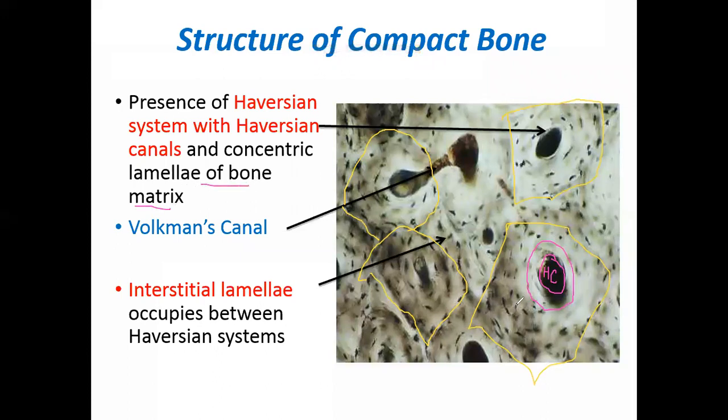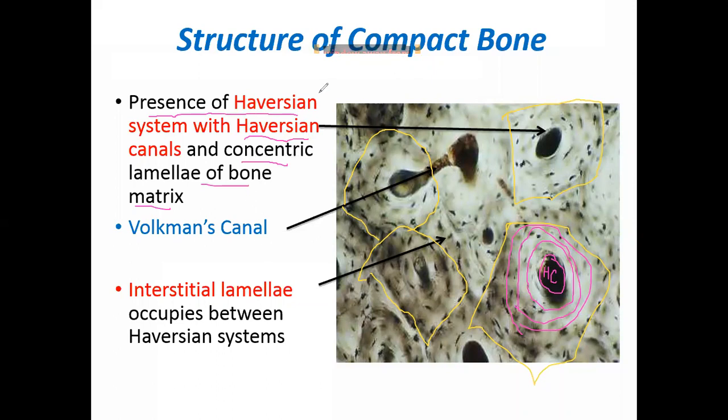You can see all these circles; these are all bony matrix. Is everyone clear? Presence of the Haversian system with the Haversian canal in the center and concentric lamellae of bony matrix.